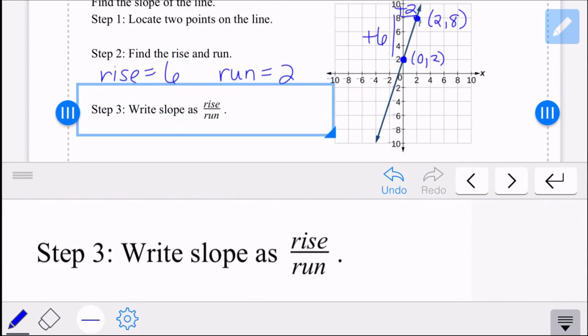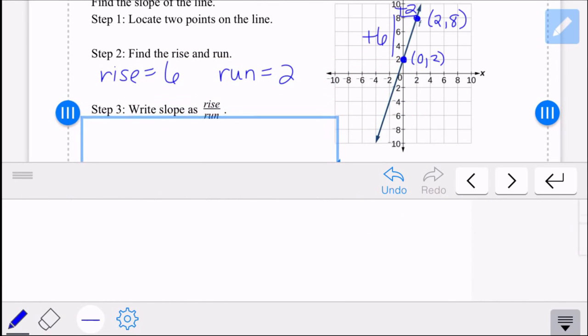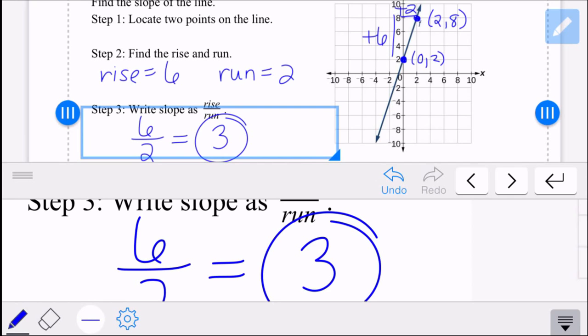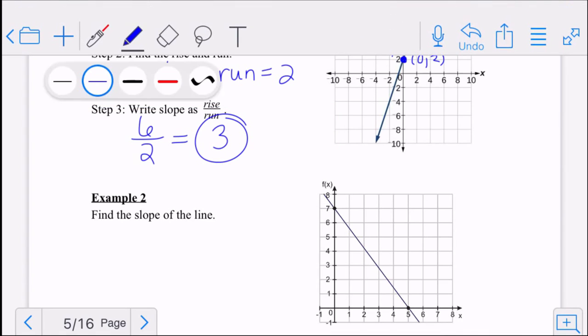Now, our step 3, we just have to put that rise over run. So rise was 6, run was 2, 6 over 2, and then simplify it if you can. 6 over 2 is just 3. So that's your slope for that line, 3. So every time you move over 1, you're going up 3. Or every time you go up 3, you're moving over 1. That's the idea.